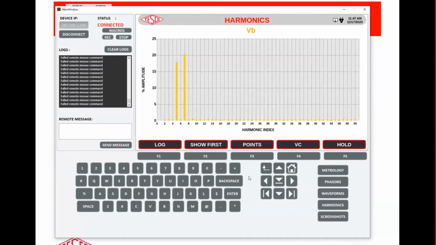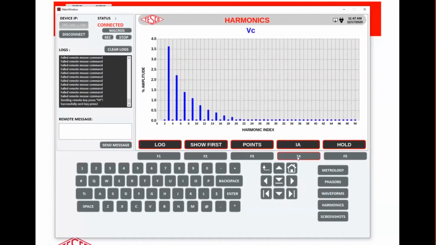The other is the seventh, and both of them cause serious problems in motors, and they're quite often generated by motor systems.